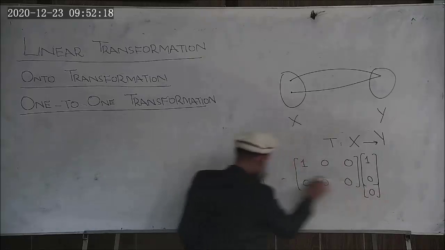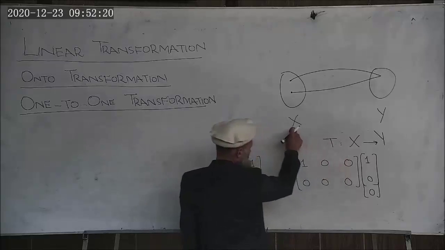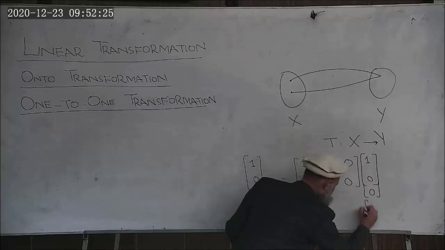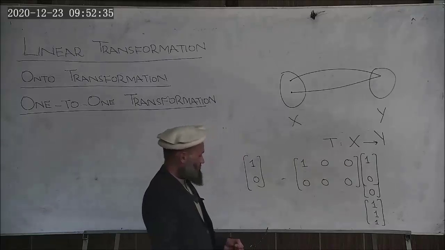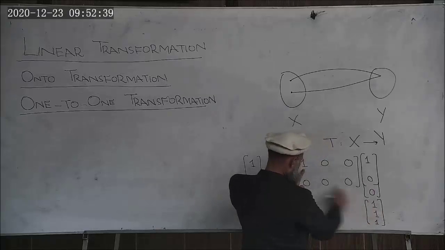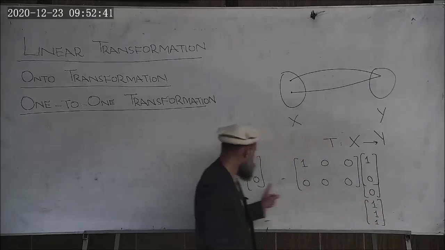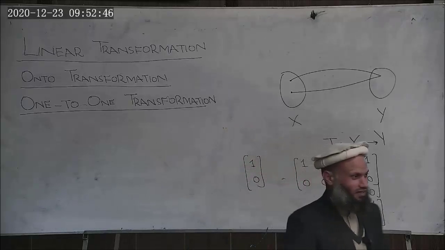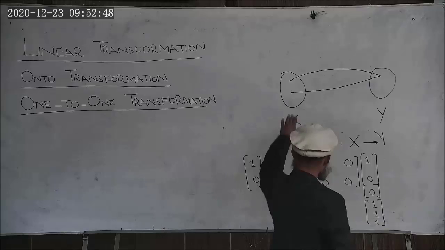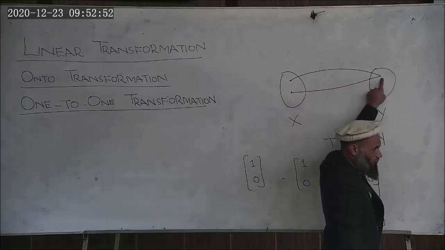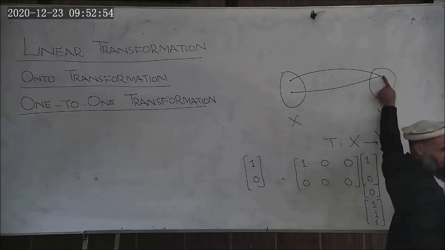So this vector, which belongs to space X, is mapped over here. What about this vector? Where is it mapped? So 1 multiplied by 1 is 1, so 0. So it is also mapped to the same vector.